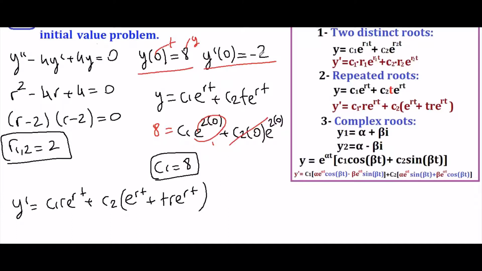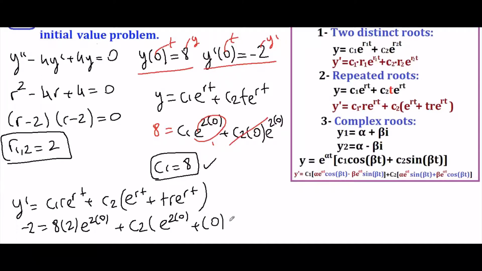y prime of 0 equals negative 2. This is our t value, and this is our y prime. So negative 2 equals, instead of c1, we can write 8 because we know it. And our r is 2, e to the 2 times 0, plus our c2 value is unknown, e to the 2 times 0, plus 0 times e to the 2 times 0.